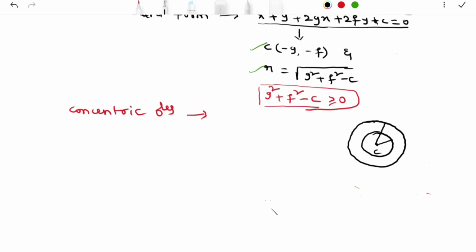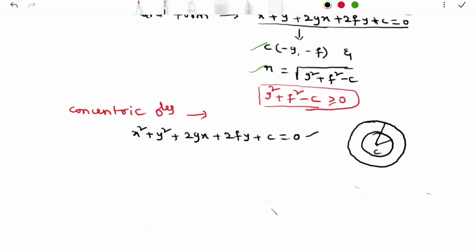So here you know that the standard form of the circle is x square plus y square plus 2gx plus 2fy plus c is equal to 0. Now how many concentric circles can be written for this one?